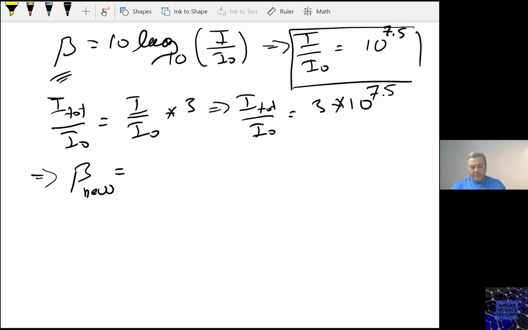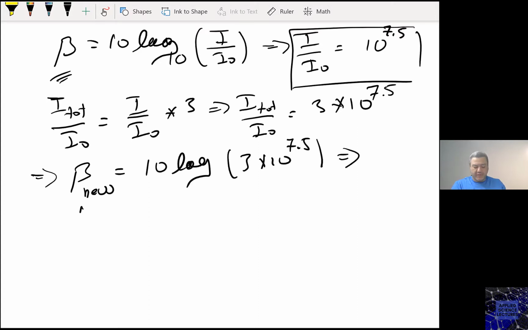Beta new is 10 logarithm of that, and beta new equals 79.8 dB. So this is one approach.